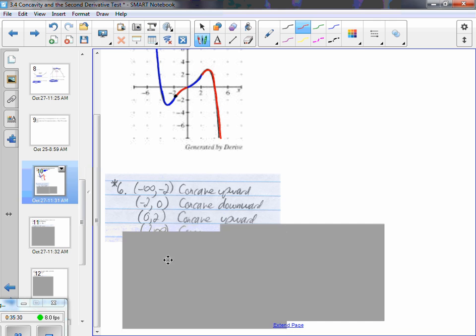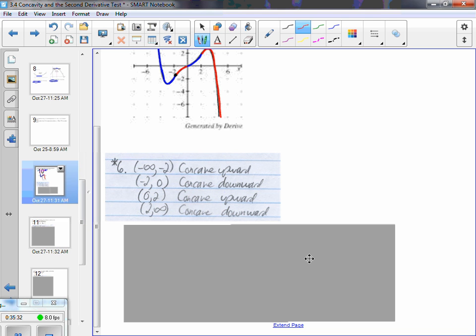So from 2 to infinity, concave down. Now, they don't ask us to state this, but since the concavity changes at x equals negative 2, there's a point of inflection at x equals negative 2, and at x equals 0, and at x equals 2.